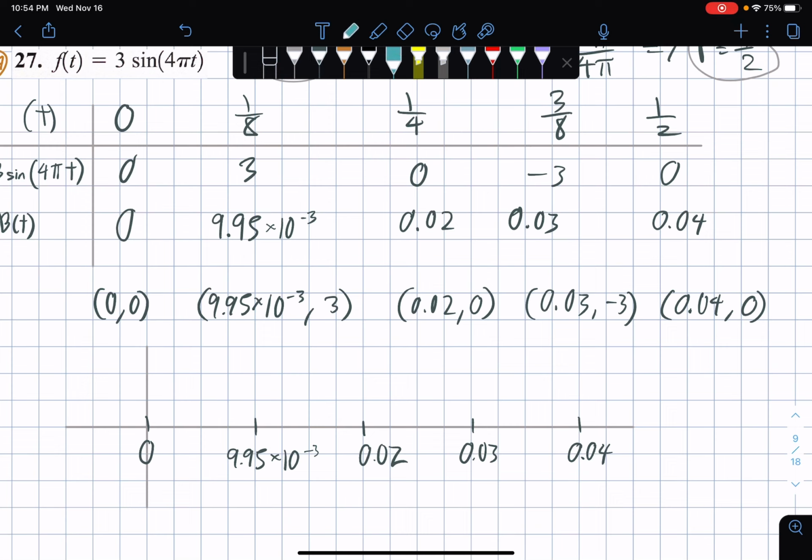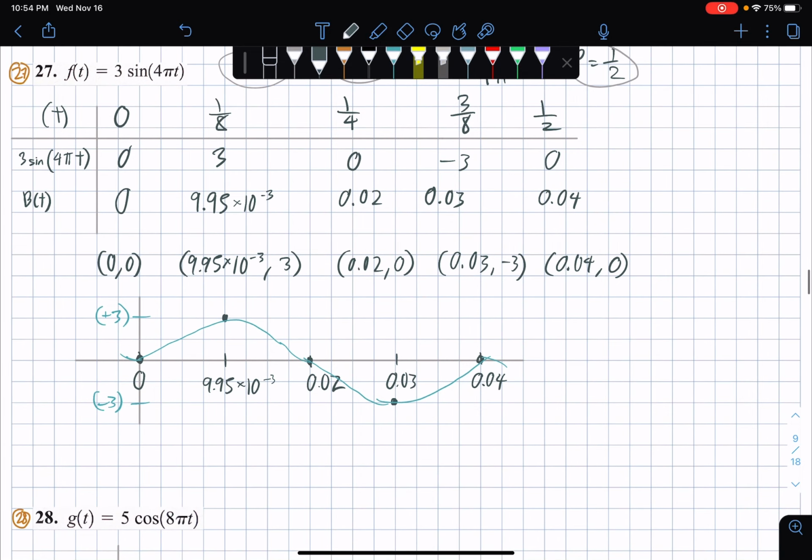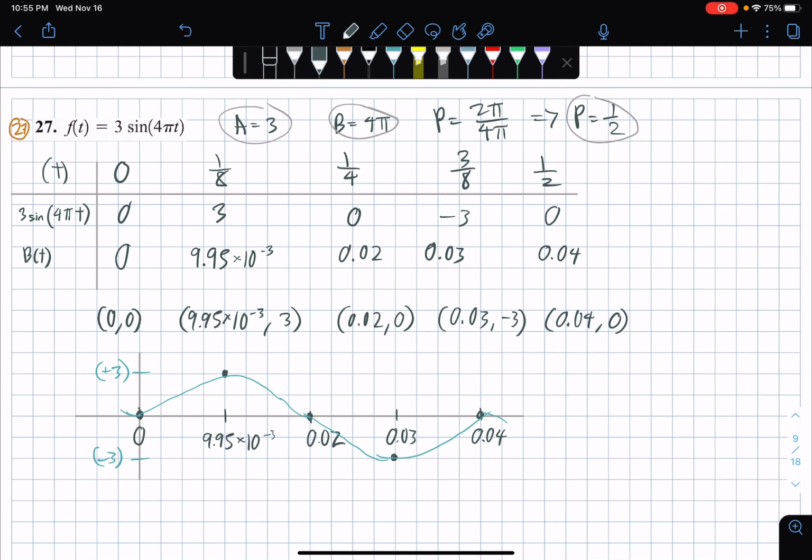Okay, the amplitude would be positive 3, negative 3. Okay, now that's our outline. Let's connect the dots using a curve. Okay, that's it for number 27.